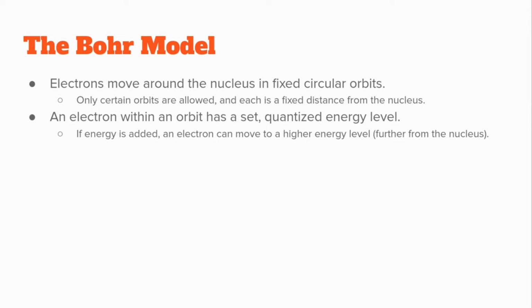We call that a quantized energy level. Quantized means it's just a certain amount of energy. We can move that electron. If we add energy, it can move to a higher energy level, which makes it further from the nucleus. If we take away energy, it can move to a lower energy level, closer to the nucleus. But it has to be in one of those energy levels. It can never be in between.